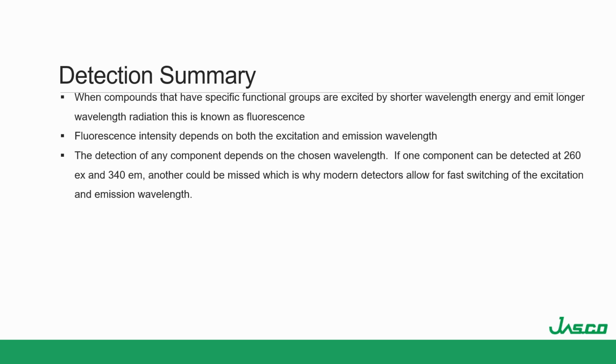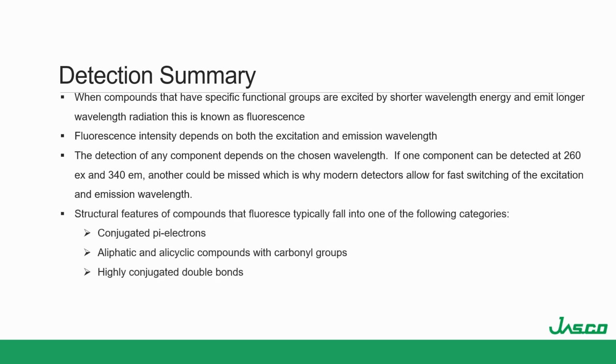That's why modern detectors need to be able to sit on more than one set of conditions and also be able to switch conditions very rapidly. Structural features of compounds that fluoresce typically fall into one of the following categories: conjugated pi electrons, aliphatic and alicyclic compounds with carbonyl groups, and highly conjugated double bonds.